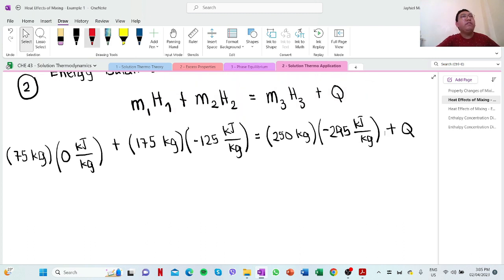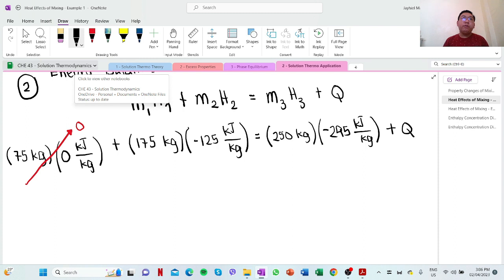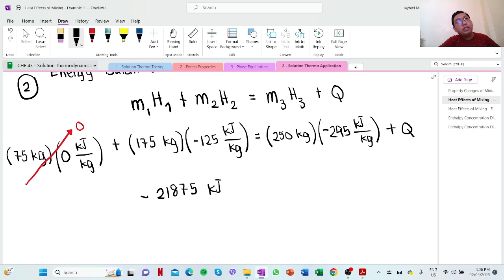For the first term, we can just cancel this out because this is 0. For the second term, we have 175 times negative 125, or negative 21875 kilojoules.